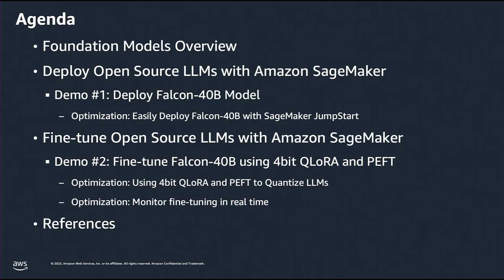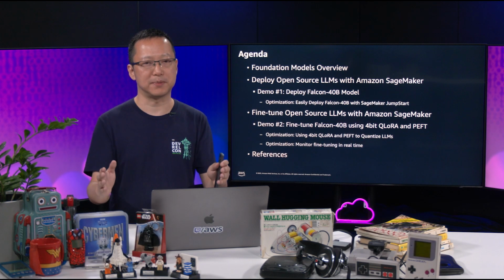Then, we will discuss fine-tuning open source LLMs, such as the Falcon-40B model. Actually, it's a very challenging task. Because of the large model with 40B parameters, even some machines with multiple GPUs can't perform training jobs.